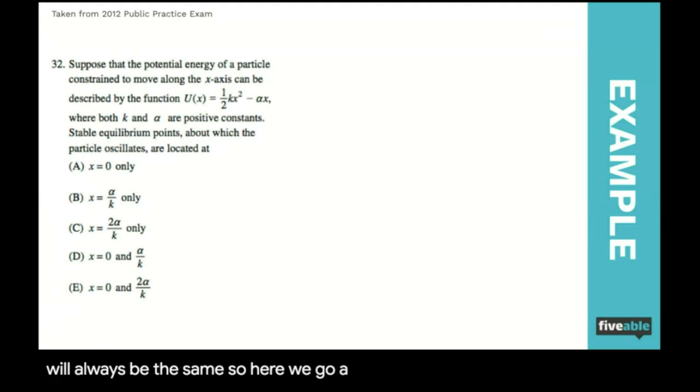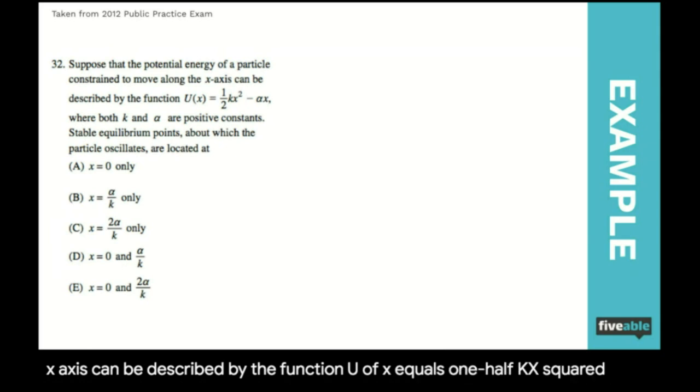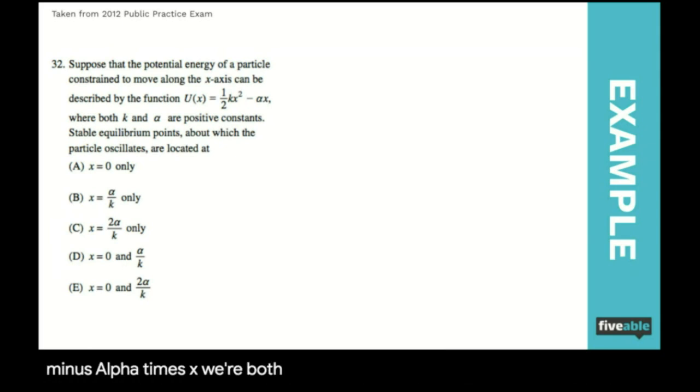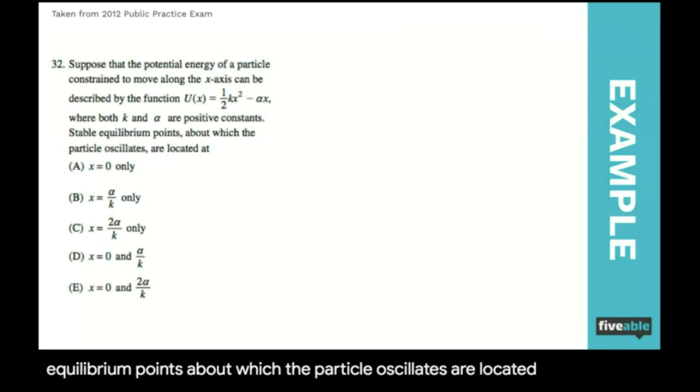Potential energy of a particle constrained to move along the x-axis can be described by the function U of x equals 1/2 kx squared minus alpha times x, where both k and alpha are positive constants. Stable equilibrium points about which the particle oscillates are located at.